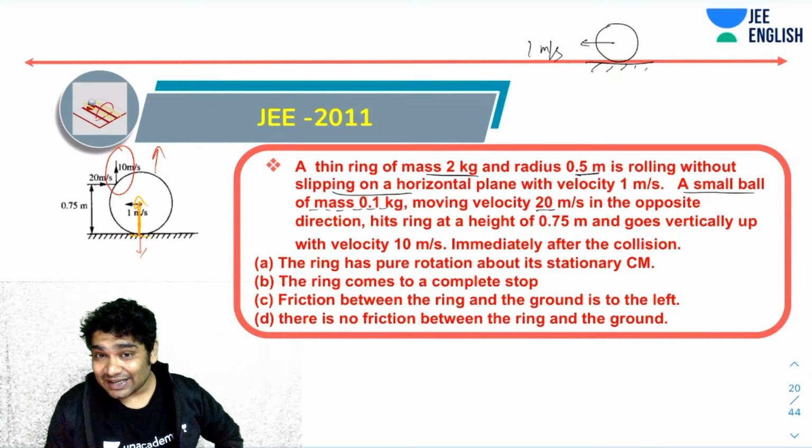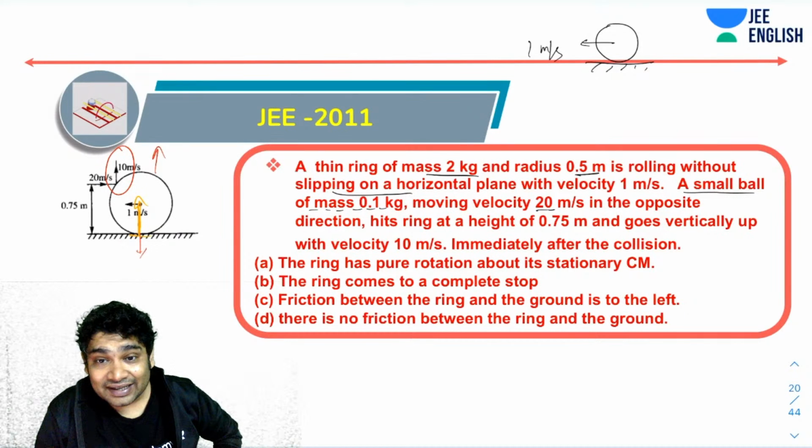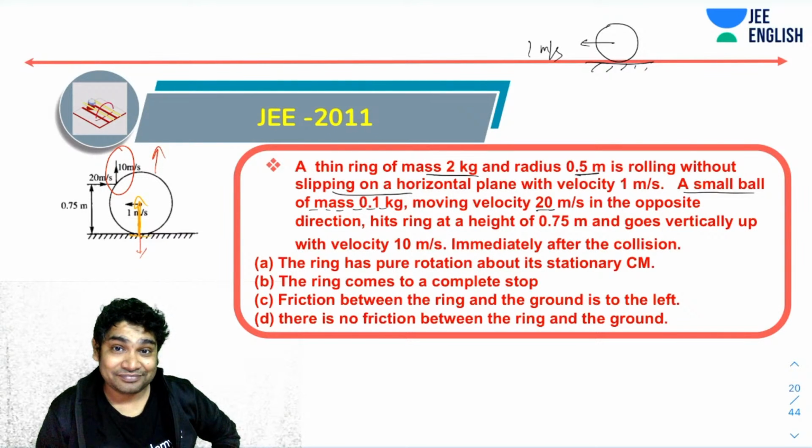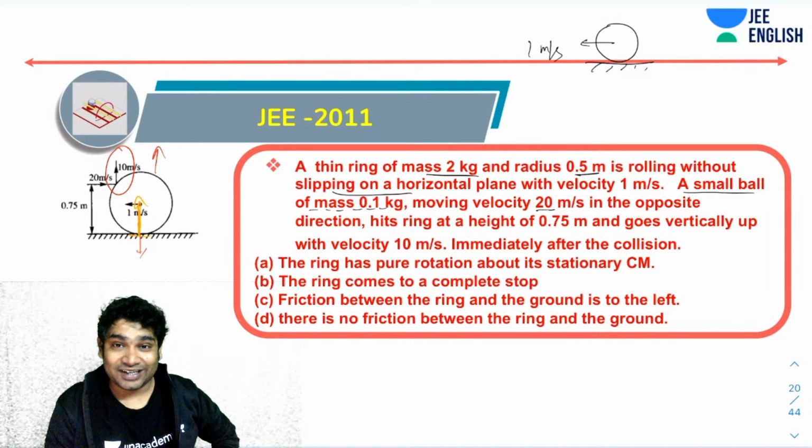So this is the case getting difficult. This is the case where there is an impulsive friction coming from the ground. But what can I say about that impulsive friction? Let's analyze the situation. Maybe the impulsive friction will not come.